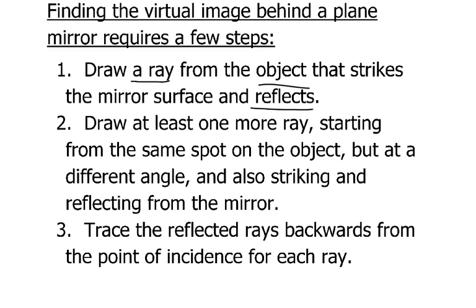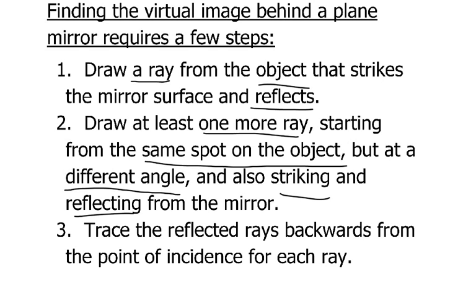Right. Then you're going to draw at least one more ray. You start from the same spot on the object, but you hit the mirror at a different angle. So you strike a different point on the mirror than the first one, but it will also reflect. So you've got this incident ray reflecting off a different point on the mirror, and you have to figure out the angles for that, the angle of incidence and the angle of reflection, and be very precise.